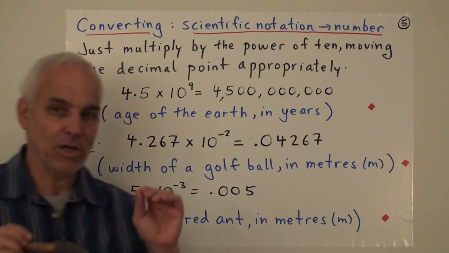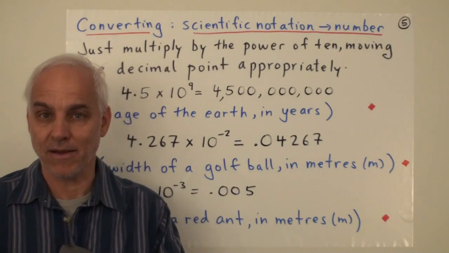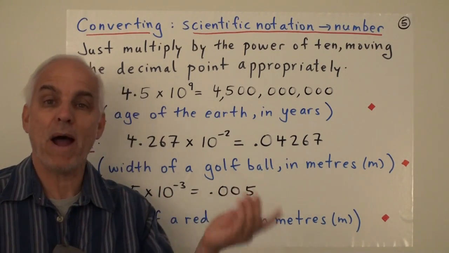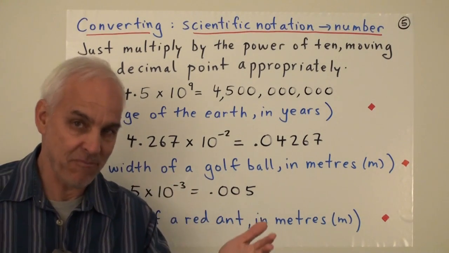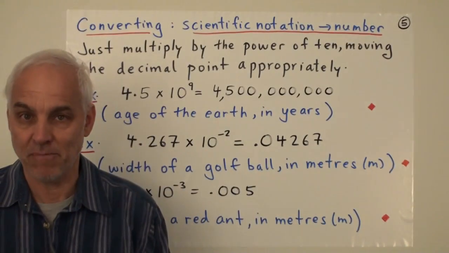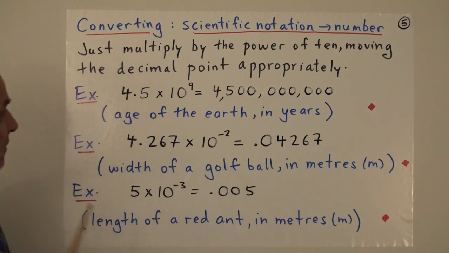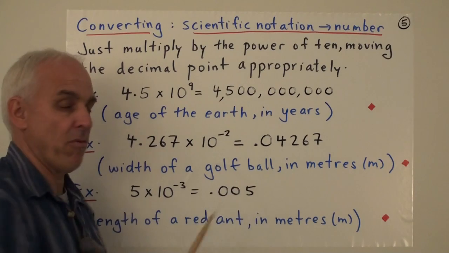In our last video, we learned all about multiplying and dividing by powers of 10. In other words, multiplying by positive powers of 10 or by negative powers of 10. Because remember, multiplying by a negative power of 10 is really the same as dividing by a positive power of 10.